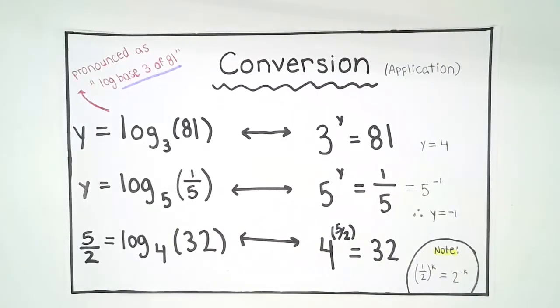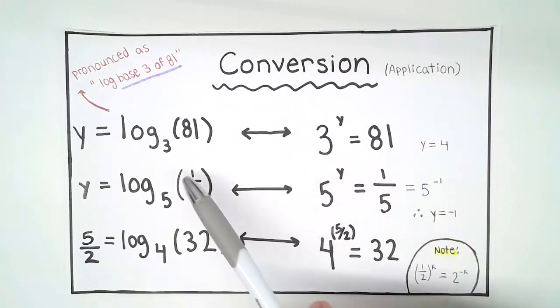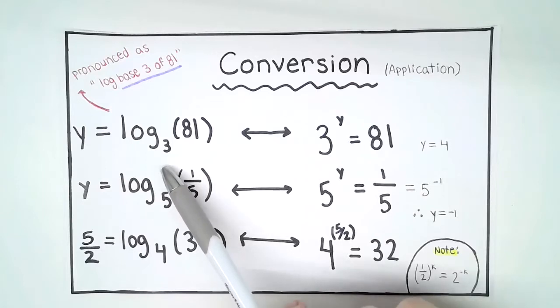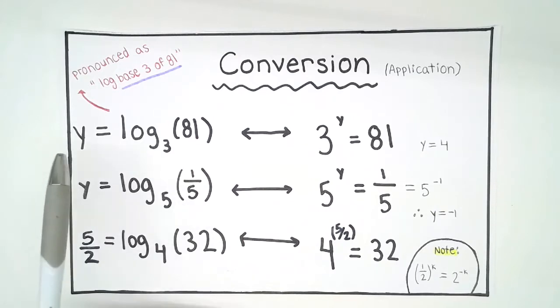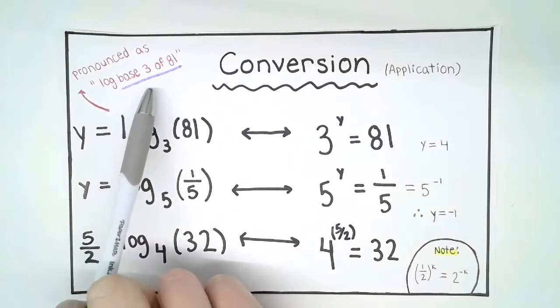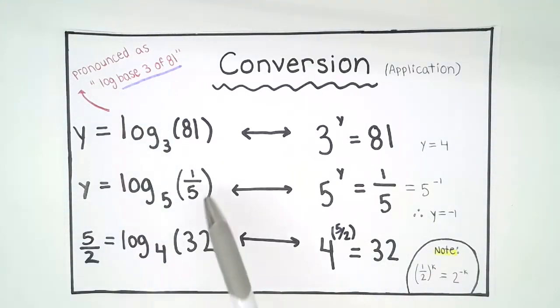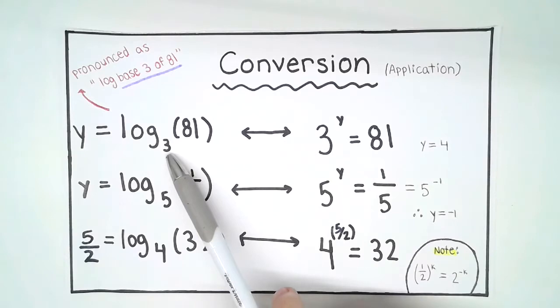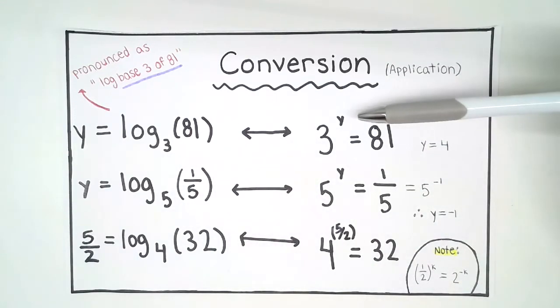So one application of logarithmic functions is converting between a logarithmic function and the inverse exponential function. You would do this in order to solve a log function with a base other than 10, which you could just plug into your calculator. So in this first example, we're going to solve for log base 3 of 81. I'm going to convert it into exponential format.